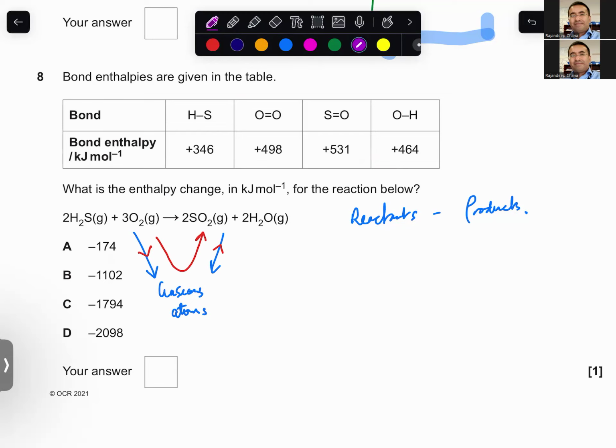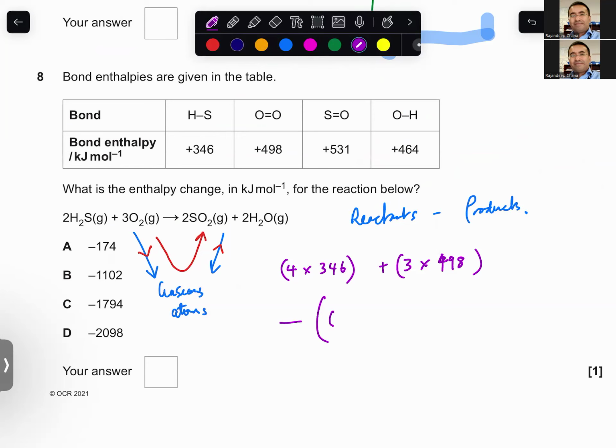Reactants minus products. So there's 4 HS bonds, 4 times 364, plus 3 times 498, minus, let's open a bracket, let's open another bracket, minus, what's SO2? There's going to be 4 S double bond O times 531 plus there'll be 4 OH bonds.